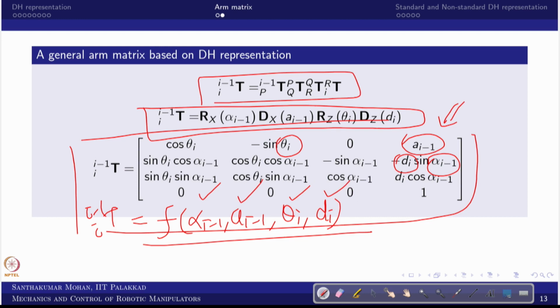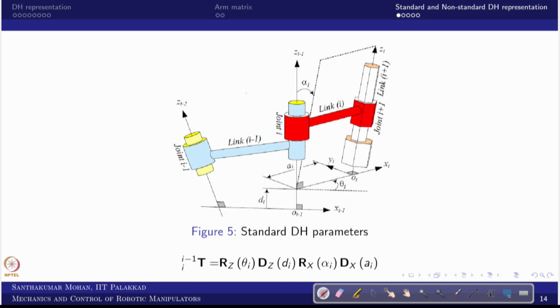Now, finding this arm matrix, there are several ways. One we call standard. Standard in the sense that you have link i minus 1, which would have its axis from i minus 2 to i minus 1.